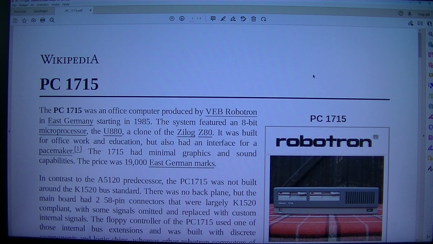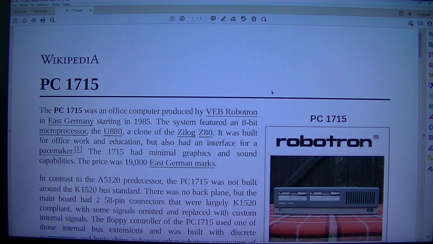And I think when I finish doing this, I would like to read about East Germany, because back in the start of the 1980s, we still had East Germany and the Soviet Union. So that's nothing really about PC computers, but this is how the world was back in the early 1980s.